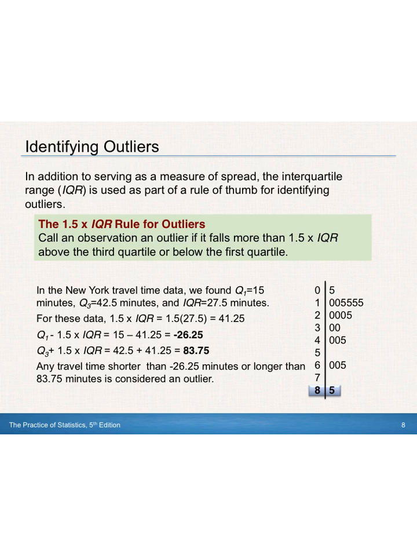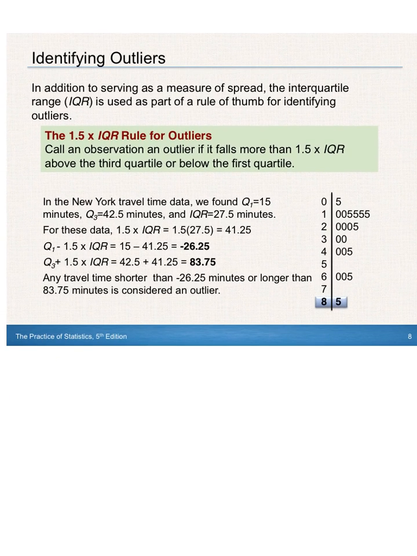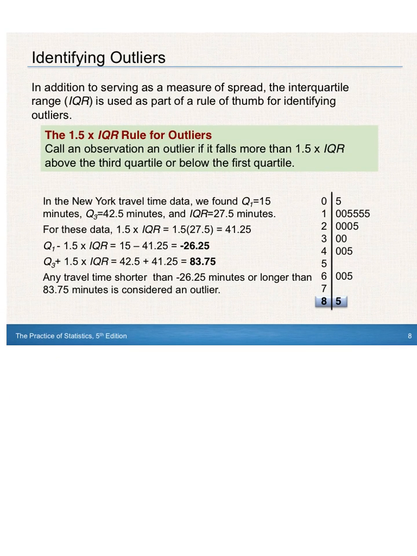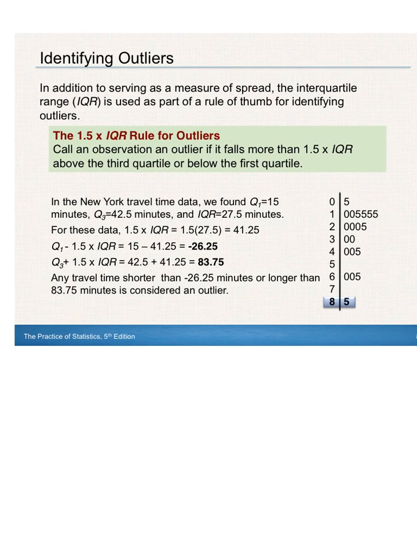Speaking of outliers, we can visually see if something might seem an outlier, but what we actually are going to use every time is the rule for outliers. We start by taking that IQR. In this case, the interquartile range was 27.5 minutes.